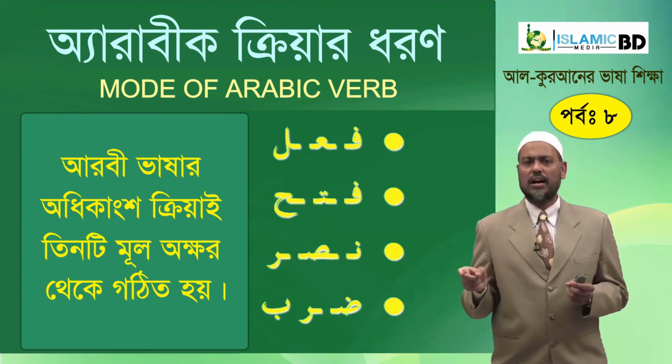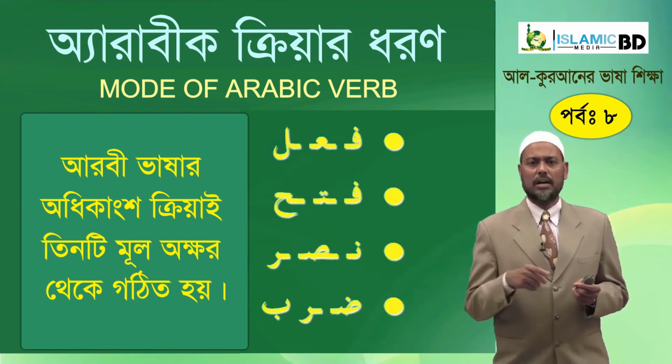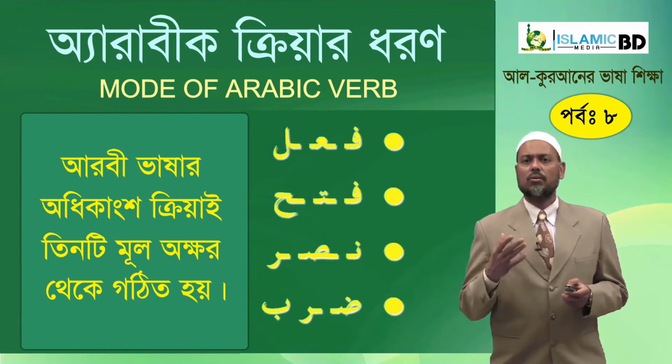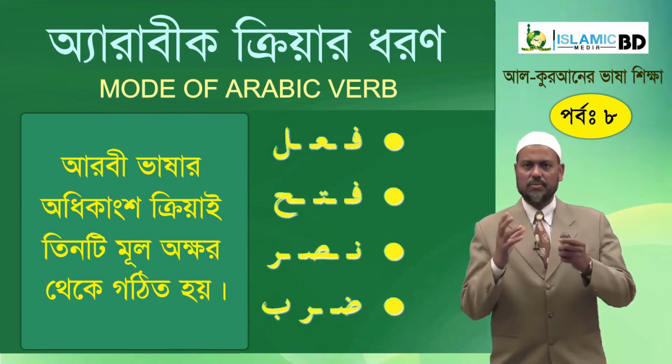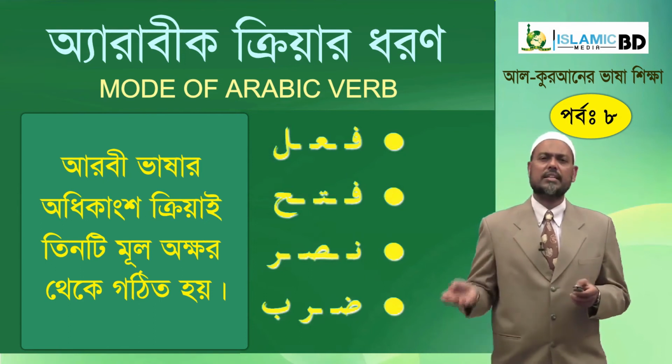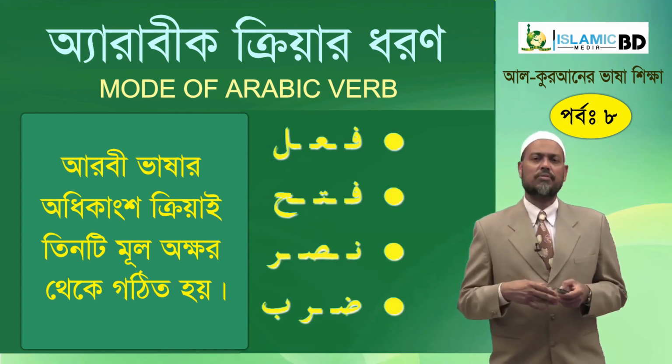For example, fa'ala, he did; fataha, he opened; nasara, he helped; daraba, he hit; sami'a, he listened to. From these 3 root letters we can make different forms, as we will learn some of them today.